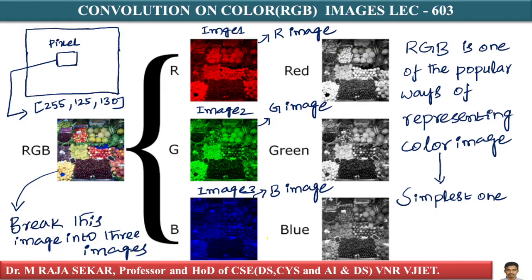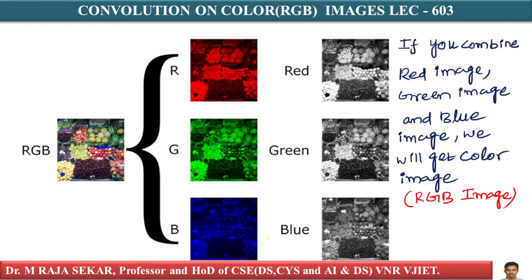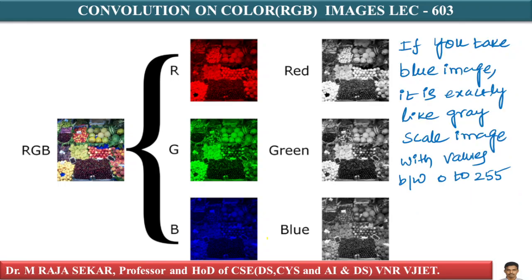So you can think of each of these individual images. If you combine the red image, green image, and blue image, we get a color image, that is, the RGB image. Let me take the individual images.